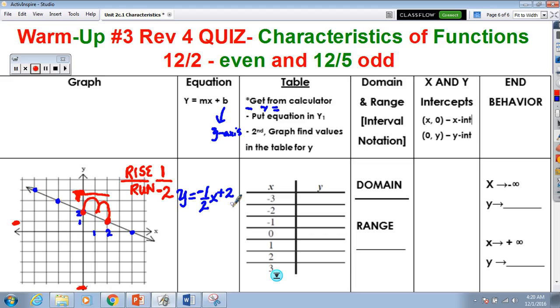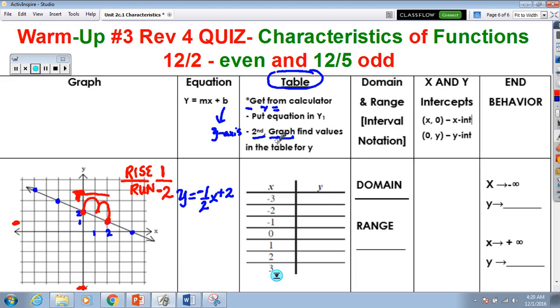Okay? Now to get our table, which is what we're looking for right here, we're going to hit second, which is your blue button, and then hit graph, which is the button right underneath your screen that has the word graph on it.